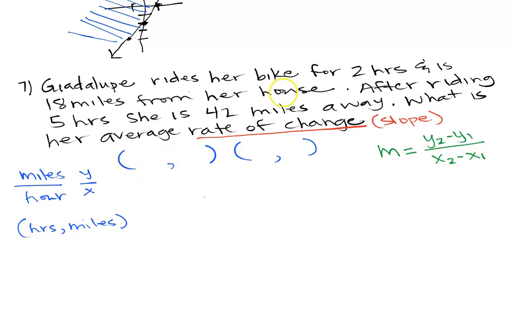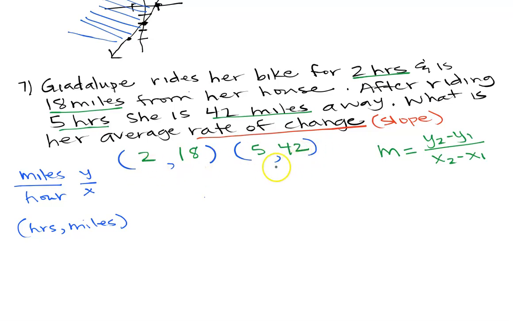Okay, so let's look at this first one. So 2 hours and 18 miles. All right, so on this one, my first point is going to be 2, 18. And then the second point is 5 hours and 42 miles. So I'll have 5, 42.